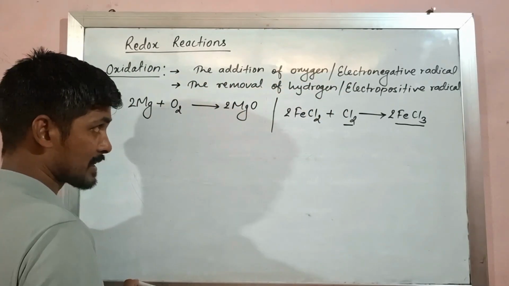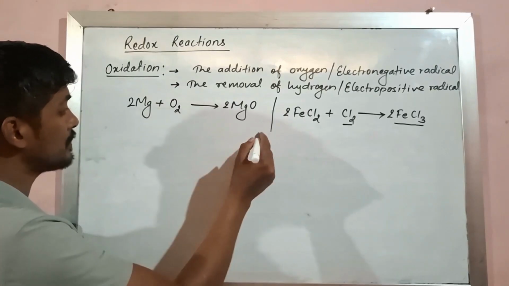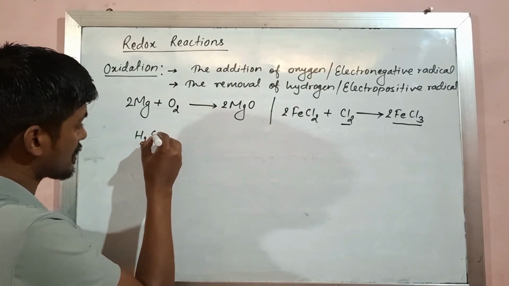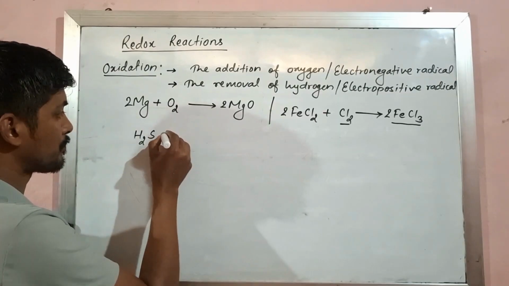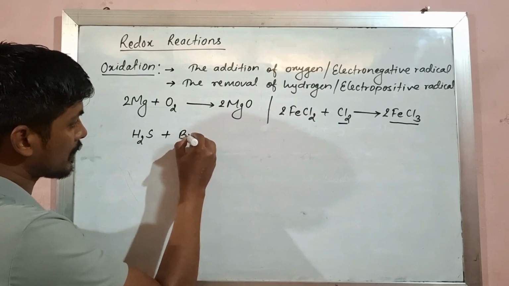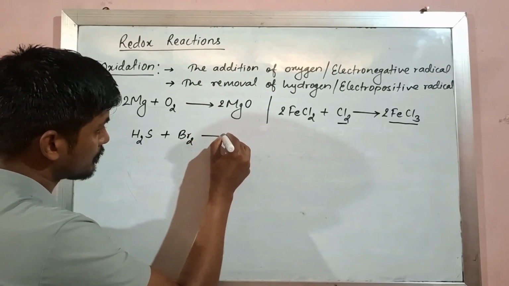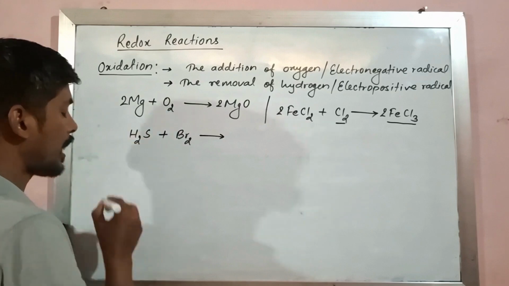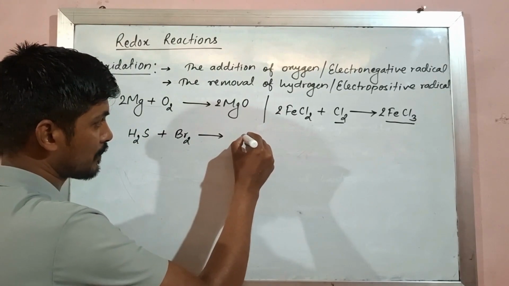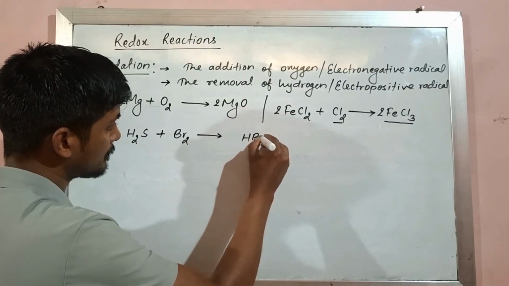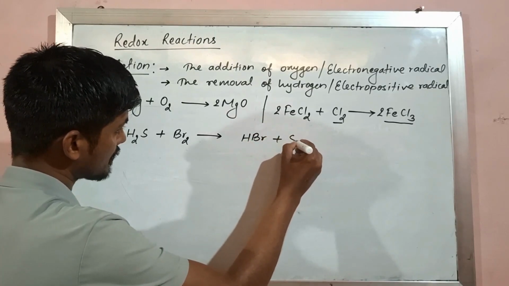Now, let us take the example of removal of hydrogen. Here we have H2S, hydrogen sulfide. Whenever bromine or any other halogen is added to this hydrogen sulfide, it forms hydrogen bromide and sulfur.